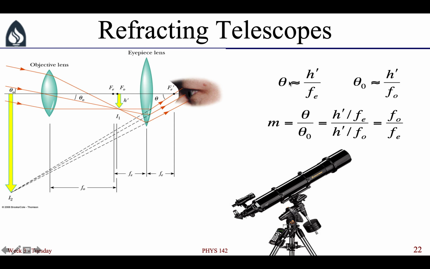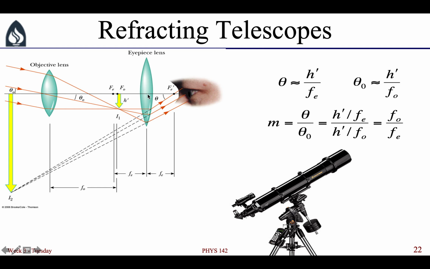So then the eyepiece will make its own image, and the angle that is taken up by that image, this angle here, if we look at the tangent of that angle, is going to approximately be equal to the image height h' divided by the focal length of the eyepiece.